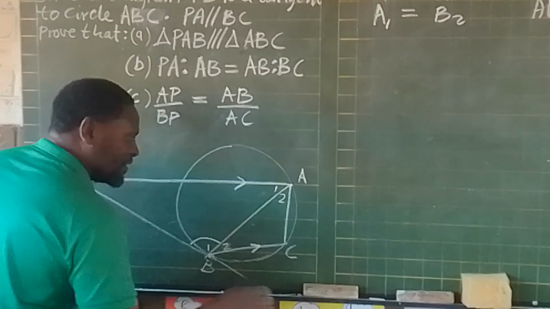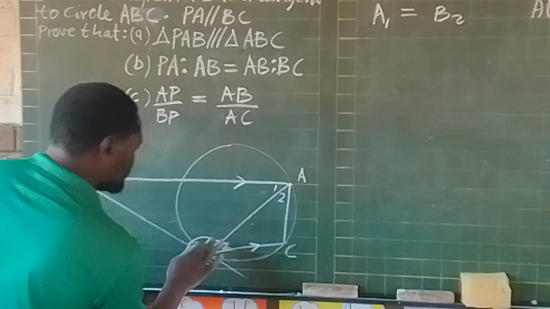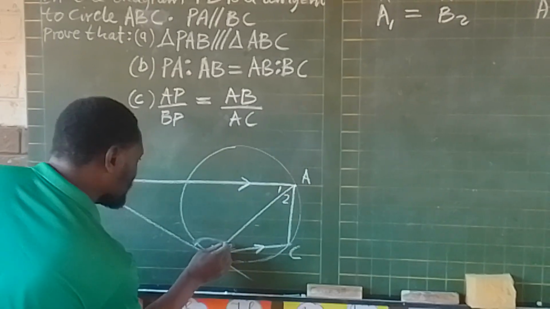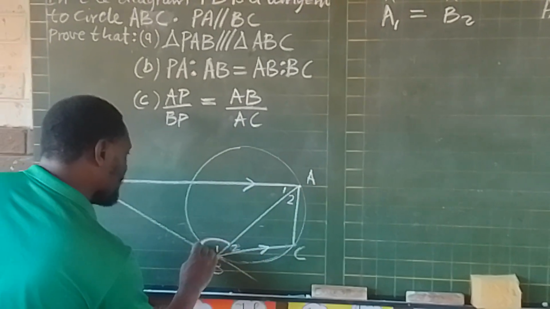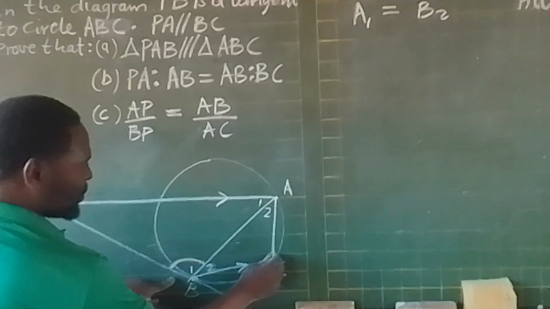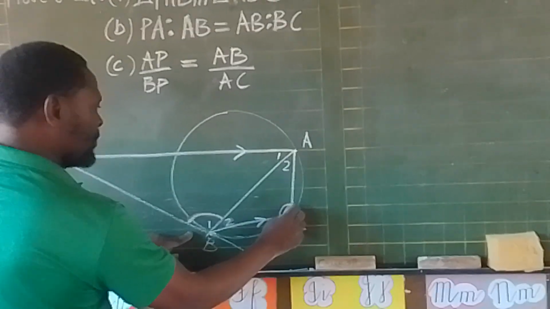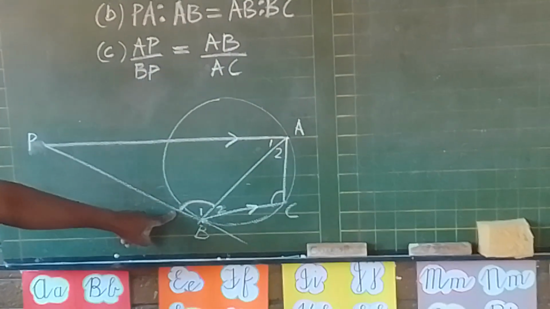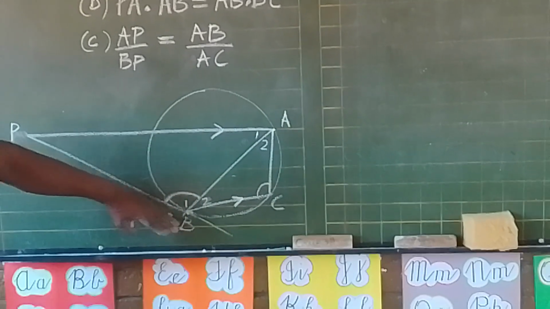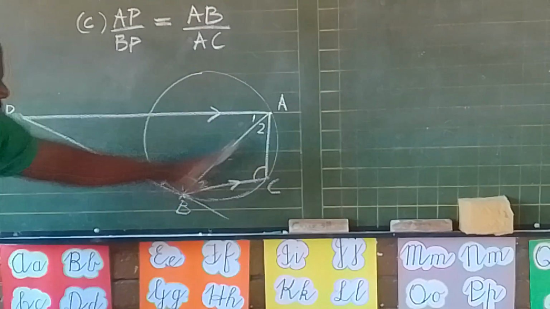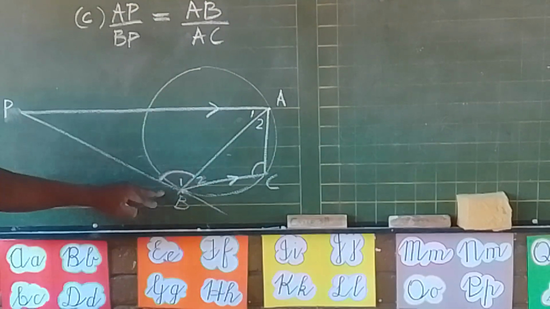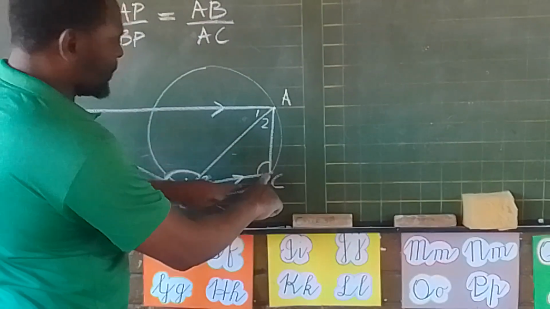Let me use a different colored chalk. This angle here is equal to that angle here. You can tell me what theorem did I apply? The angle between the tangent and the chord is equal to the angle in the alternate segment.